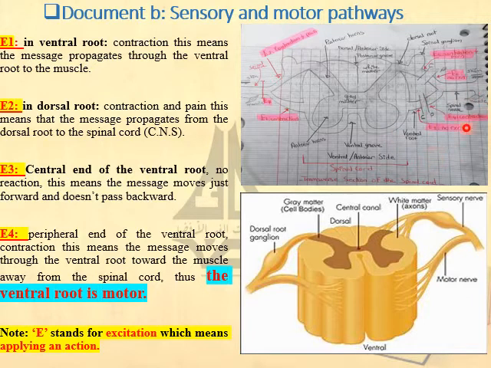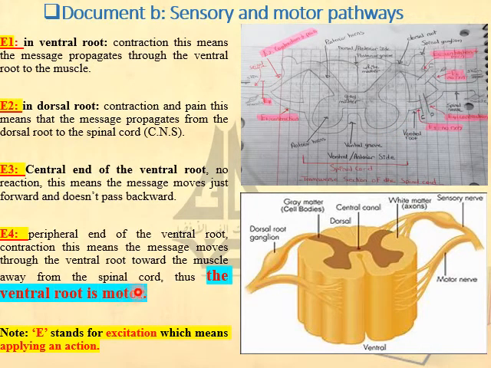So this experiment confirmed for Magendie that the ventral root is the one responsible for carrying the motor message to the motor organs to achieve movement. So the motor message's pathway is from the ventral root toward the motor organ, and it cannot move backward.